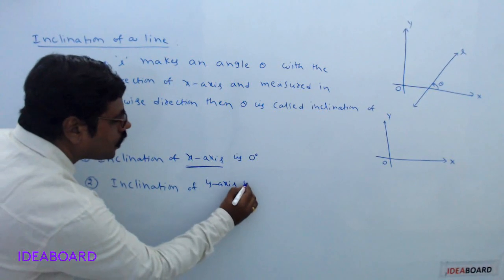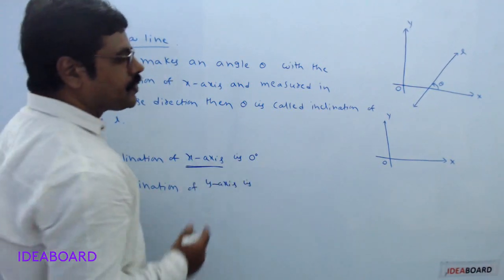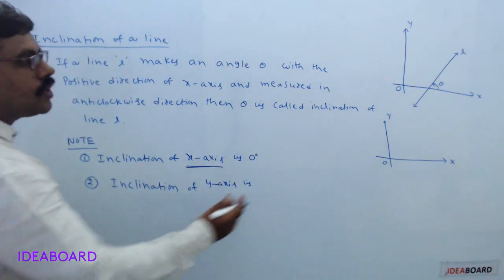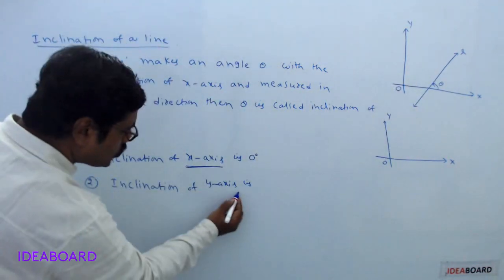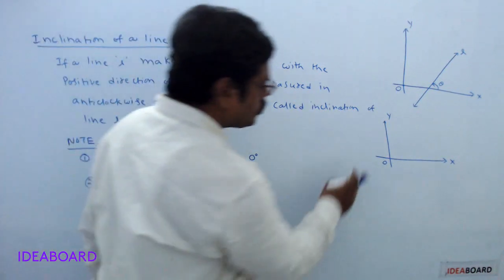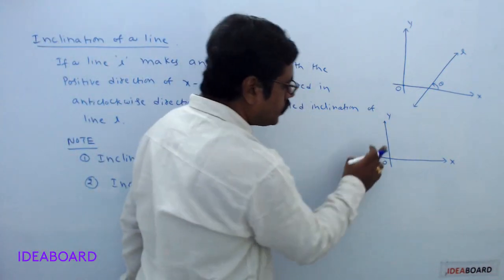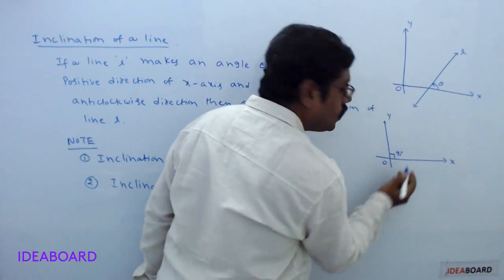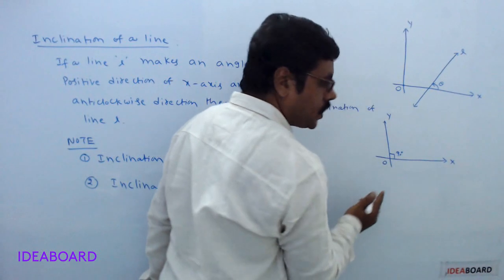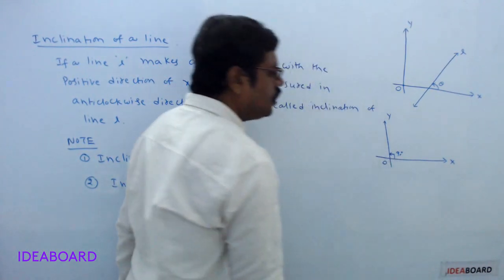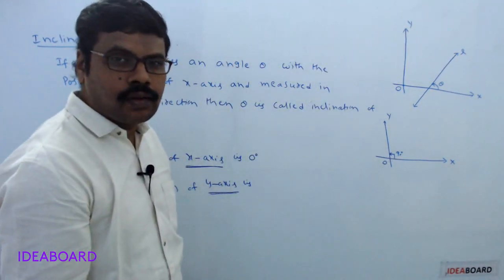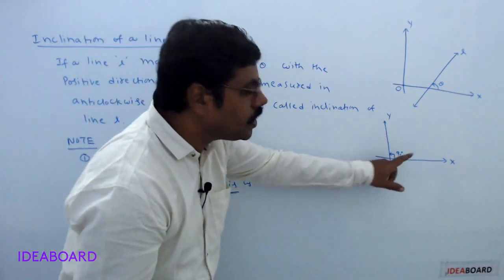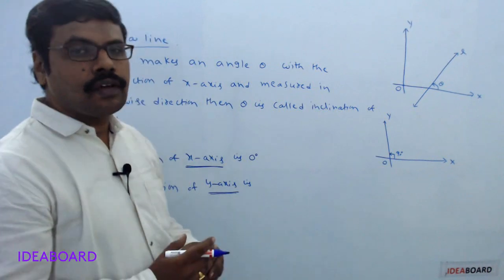Inclination of y-axis. Now x-axis, y-axis. Here, in place of the line L, y-axis will be given. So, this is your line. This line makes an angle 90 degrees with positive direction of x-axis and measured in anti-clockwise direction. So, inclination of this line y-axis is 90 degrees. So, what is our definition of inclination?